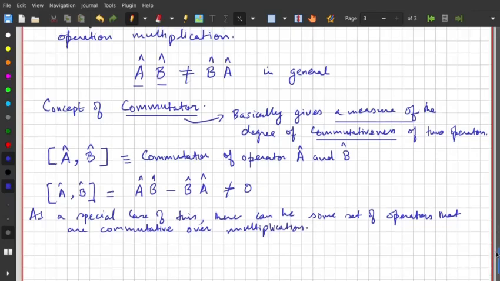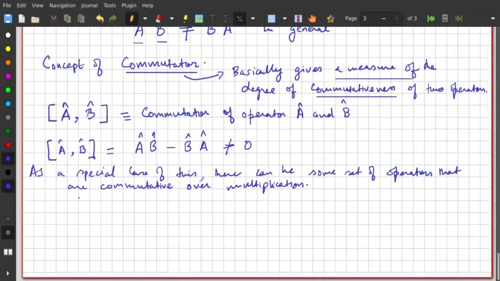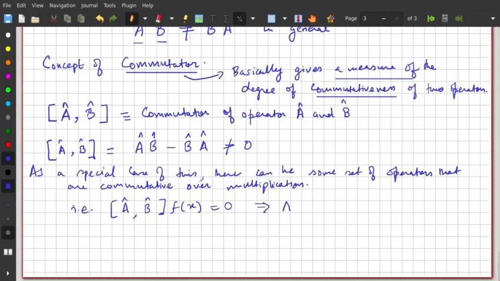In that case, the commutator of A hat B hat acting on a function gives us 0. And if this is true, then we say that A hat and B hat commute.